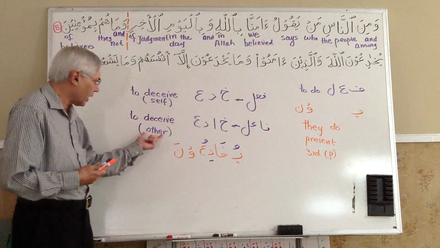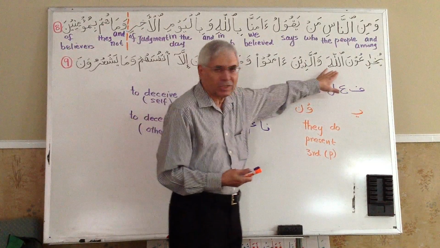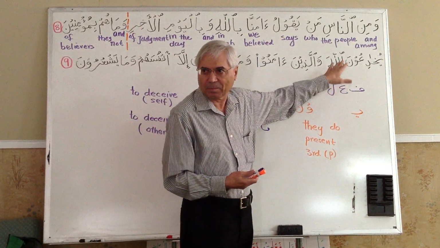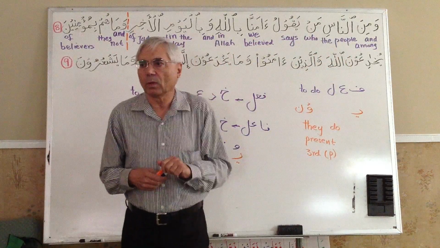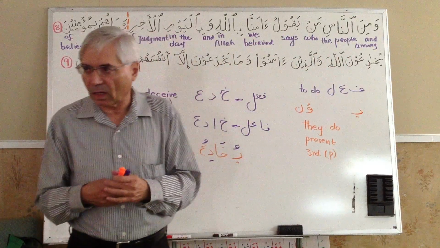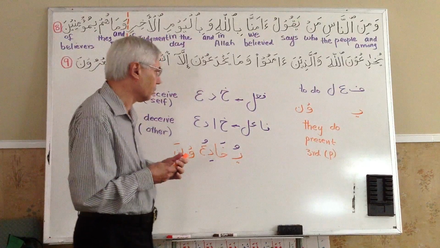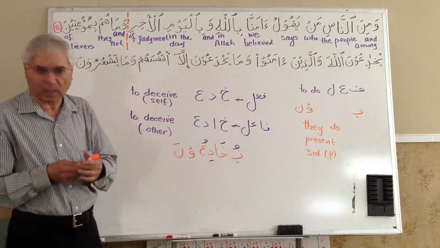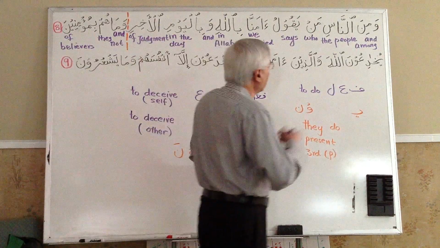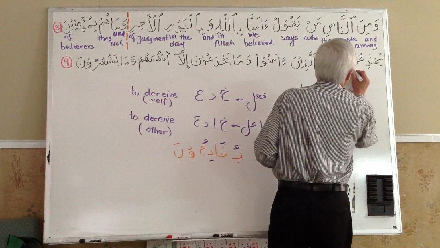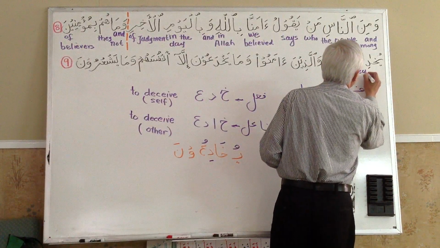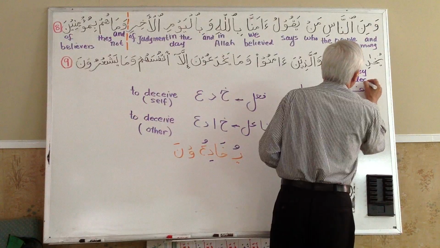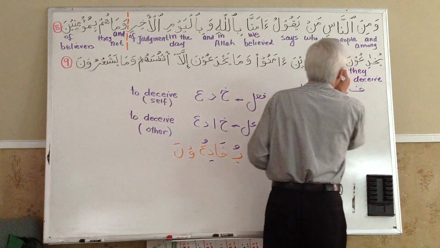Now we don't need to write other because other is already mentioned here, Allah subhanahu wa ta'ala. Okay? So the meaning will be they deceive Allah, or they are deceiving Allah subhanahu wa ta'ala by lying to Allah. So this will be they deceive Allah.